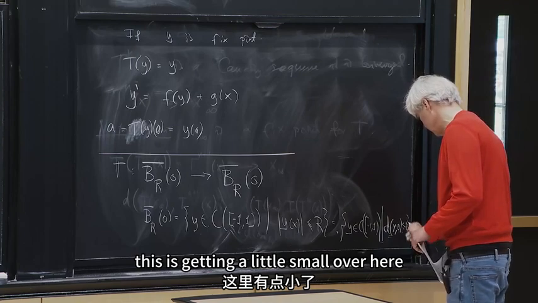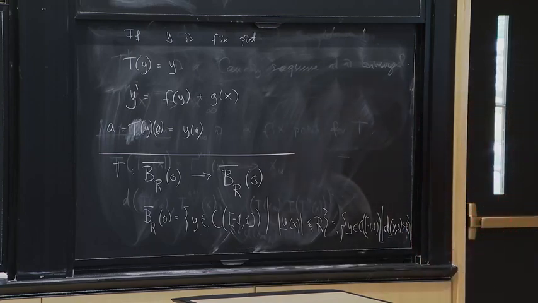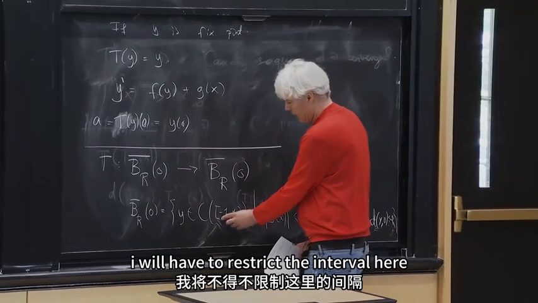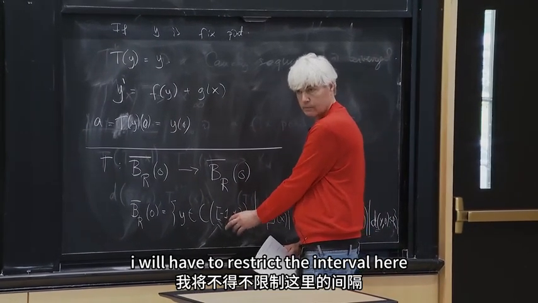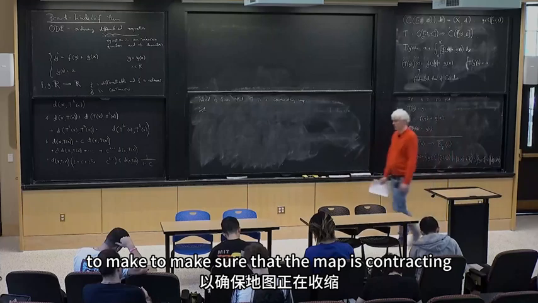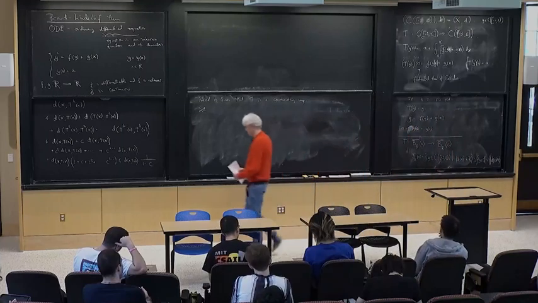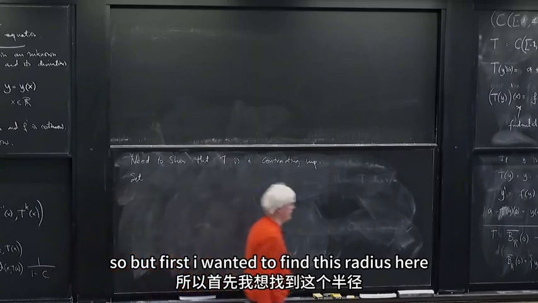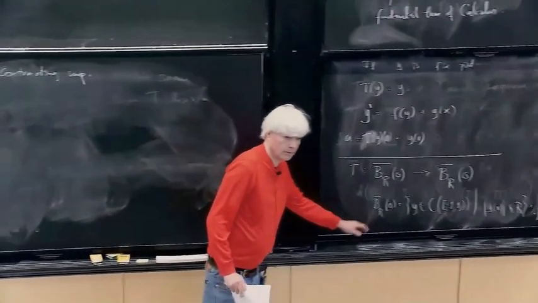Sorry, this is getting a little smaller over here. And again, I will have to restrict the interval here to make sure that the map is contracting. But first I want to define this radius here, okay?